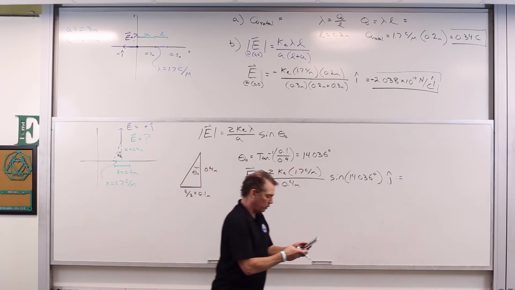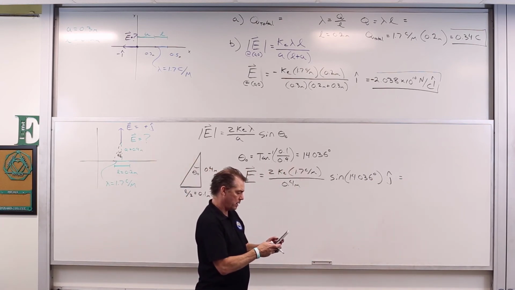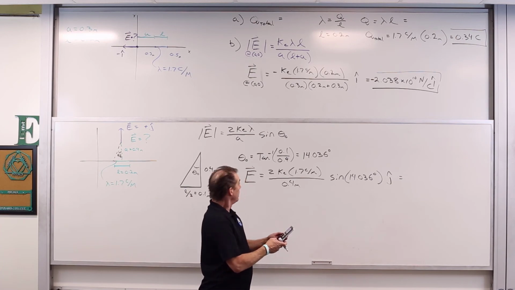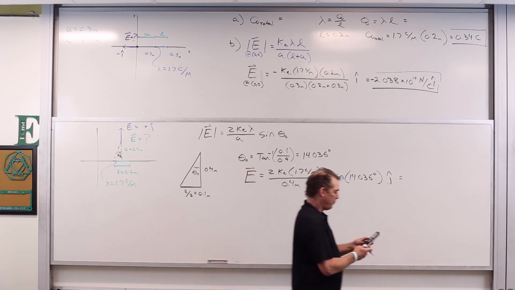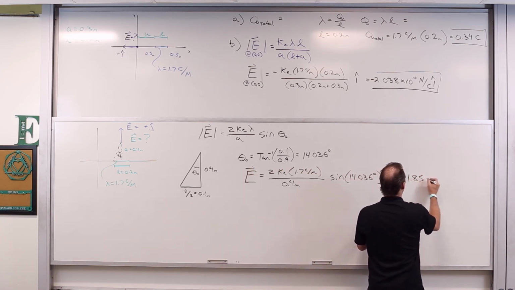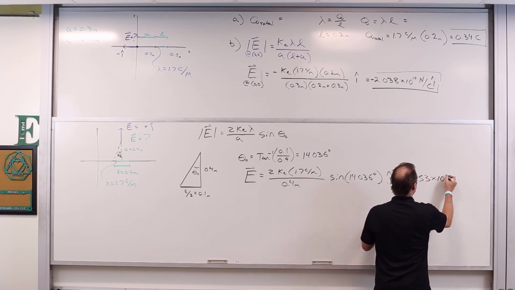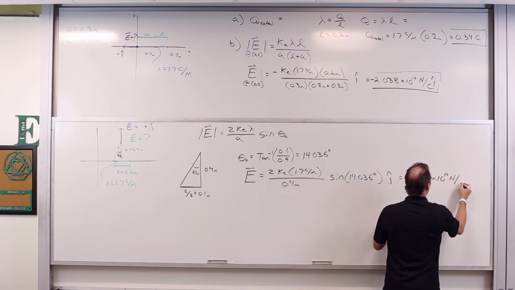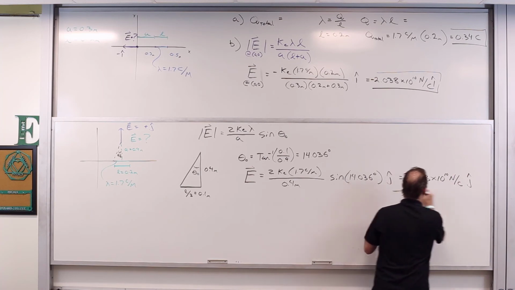So we go ahead and compute this out. 2 times 8.99 times 1.7 times the sine of that last answer divided by 0.4. I get 1.853. 1.853 times 10 to the 10th newtons per coulomb, j hat.